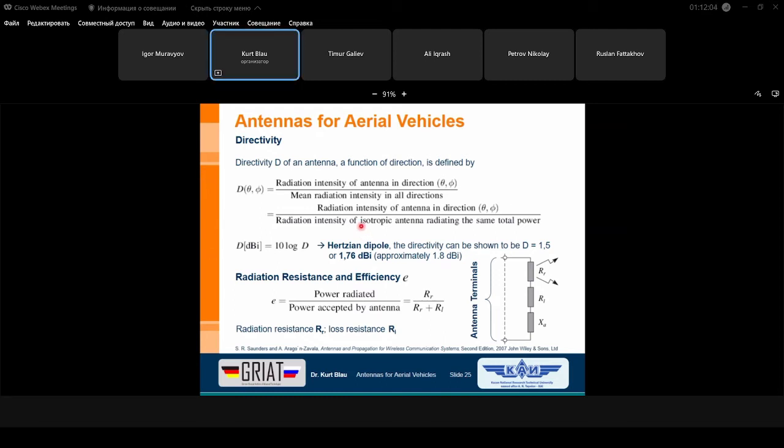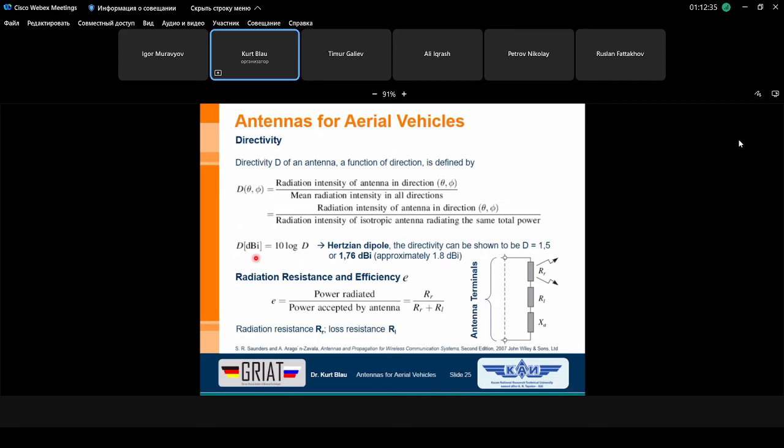Now we have seen the 3D diagram, or the pattern, of the Hertzian dipole, and now we want to know what the directivity is, or at least the gain. Here the directivity is given in dBi, which means in our case there is no difference between directivity and gain.